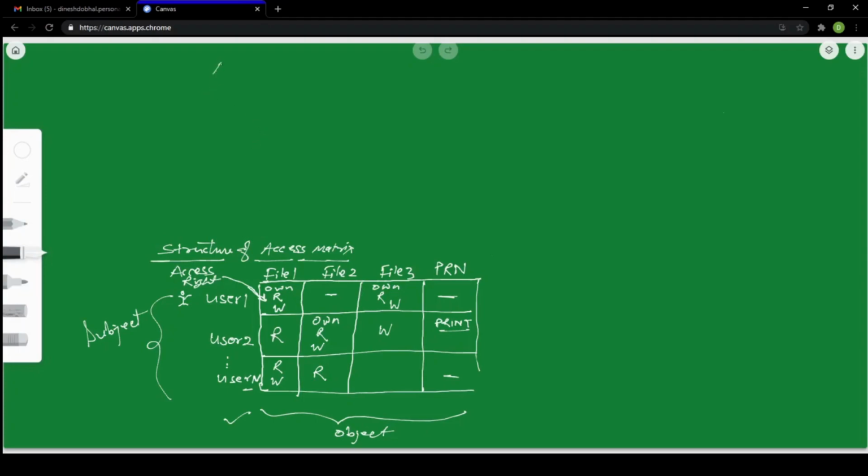So, in order to create access control list, the matrix will be decomposed column wise. That is, for every object, we will create a list.